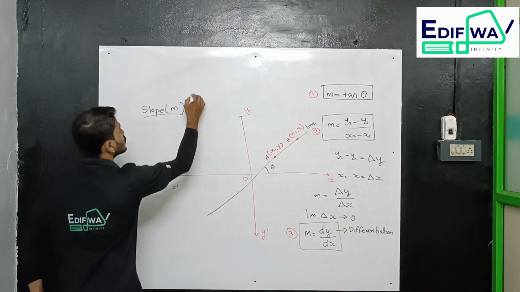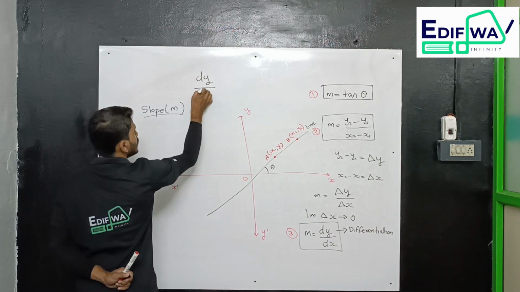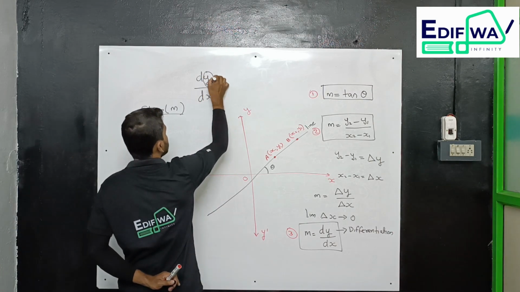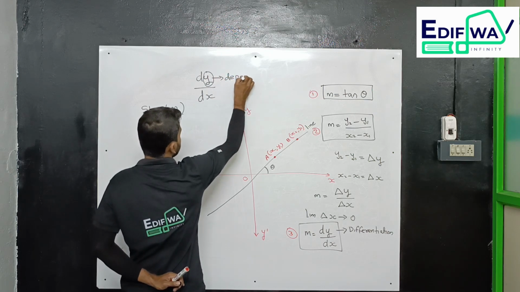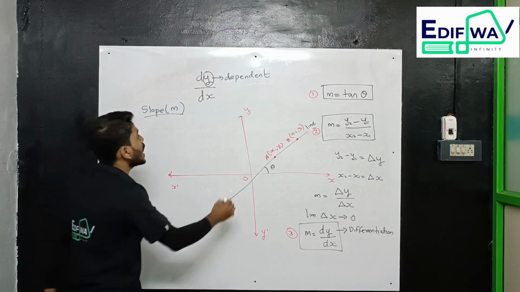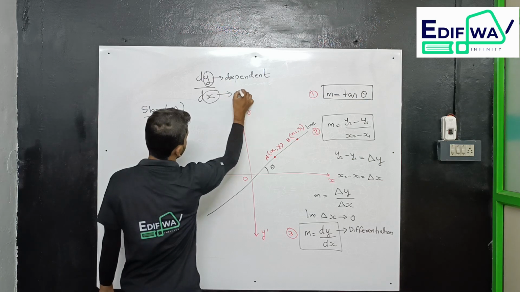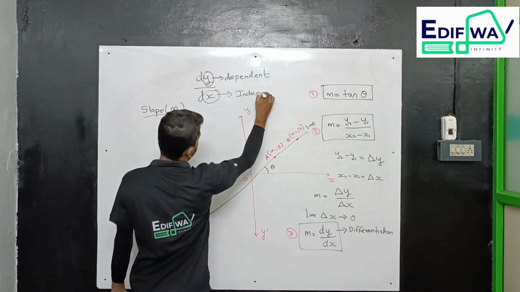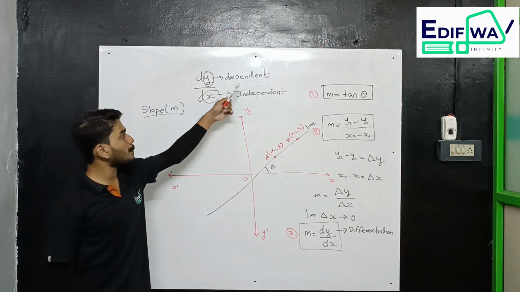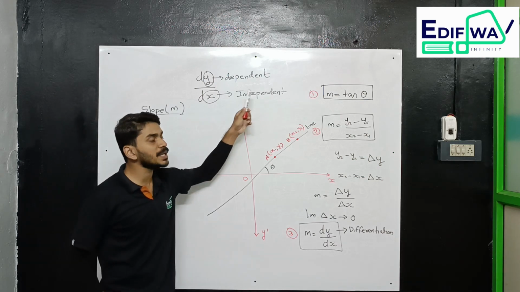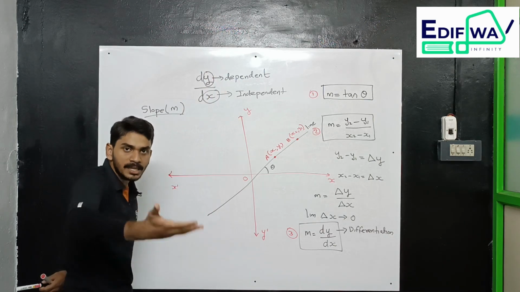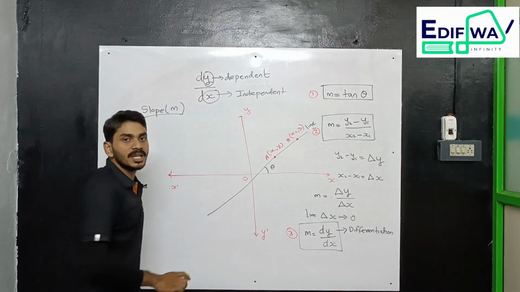Let's come to this once again. dy by dx. In this, y is the dependent variable and x is the independent variable, which means y is varying according to the variation in x.